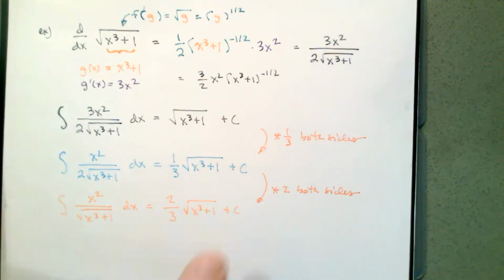So we can check. If we take the derivative of, let's say, 2/3 square root of x cubed plus 1, we should get back to x squared over the square root of x cubed plus 1. So let's check.